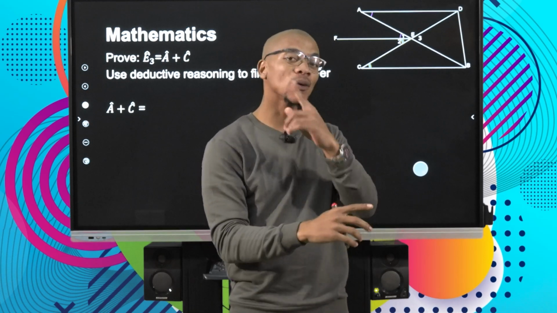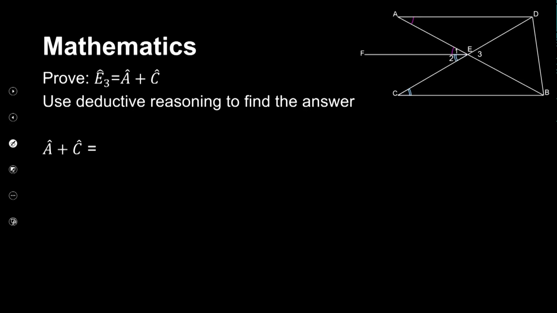So, with this one here, I must look at what angle A is, right? I was told that angle A is equals to angle E1, right? I was told that angle C is equals to angle E2, right? So as a result, this is the same as having angle E1 plus angle E2, right?